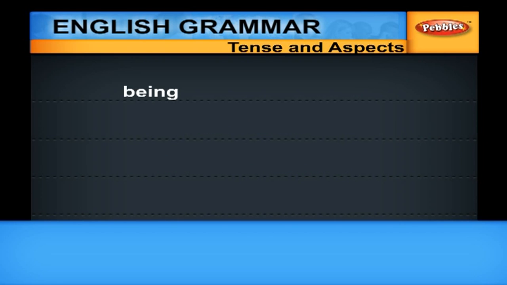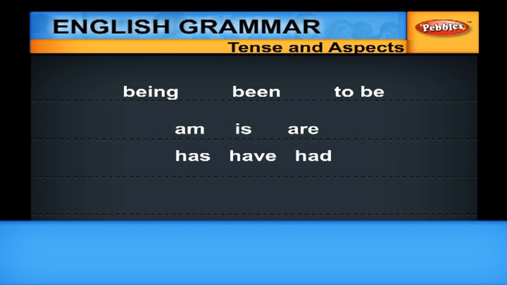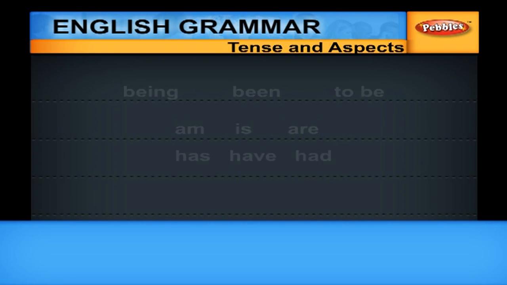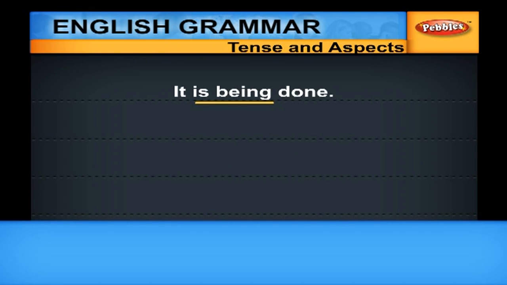Remember, being, been, to be are secondary auxiliaries, and they need another helping verb like am, is, are, has, have, had. It is being done.